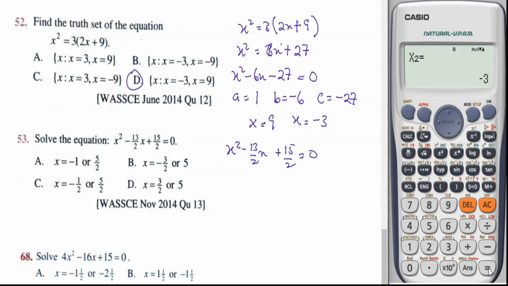It's actually a computer. So if you key in wrong information, it will give you wrong information, wrong answers for that matter. So our A value is equal to 1. Our B value is equal to negative 13 on 2. And then our C value is 15 on 2. So let's program it into the calculator. Clearing the screen for new inputs.